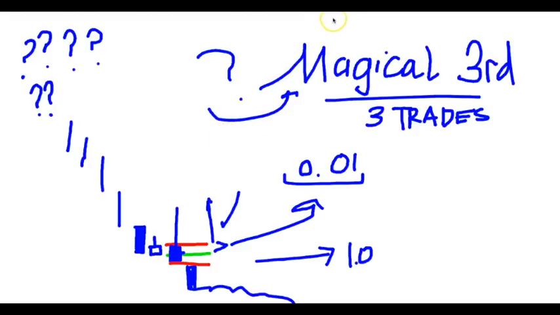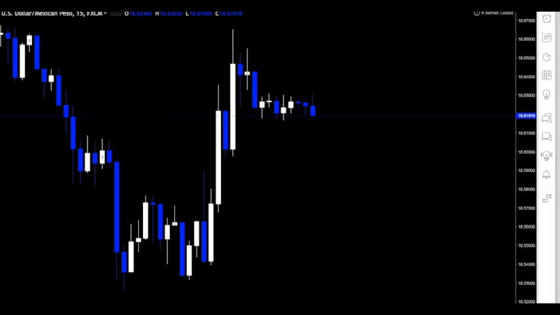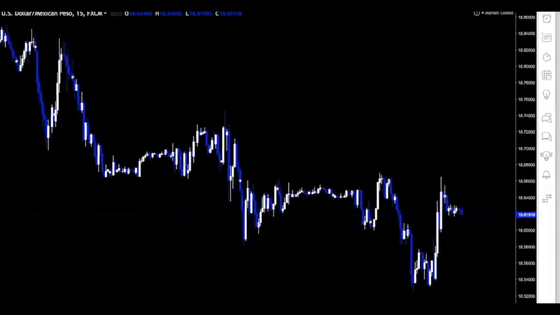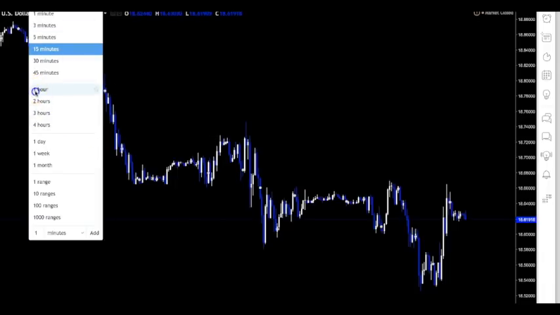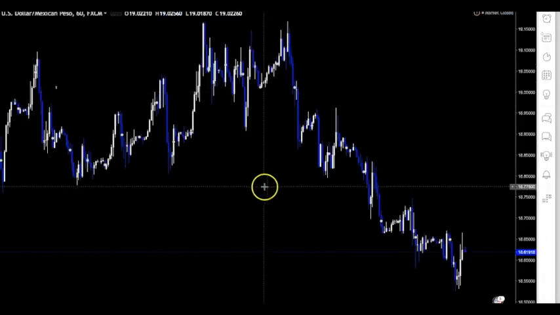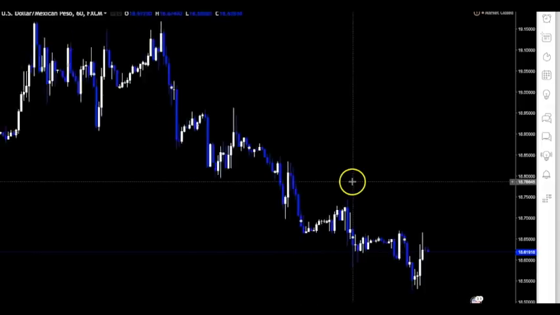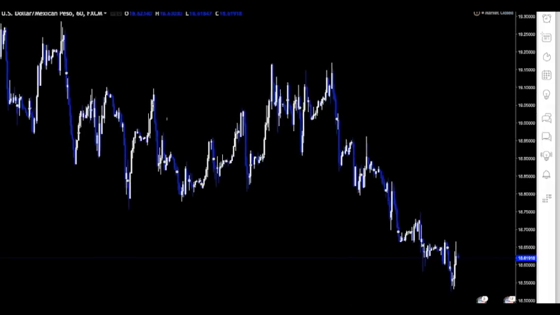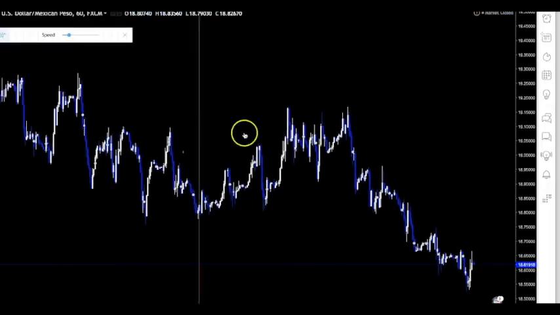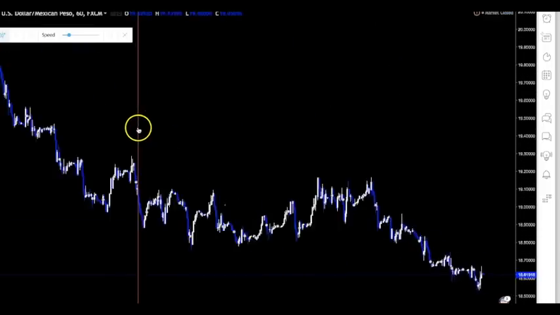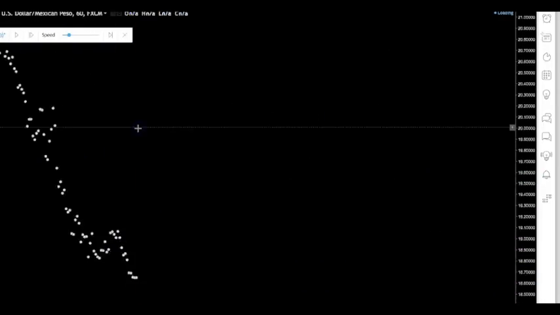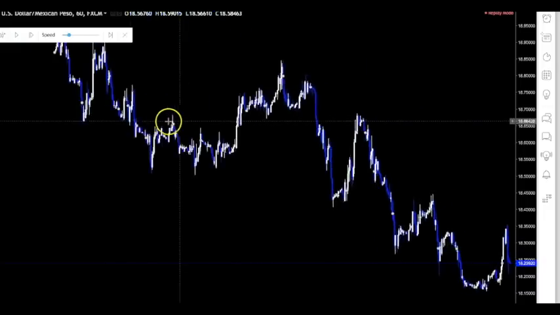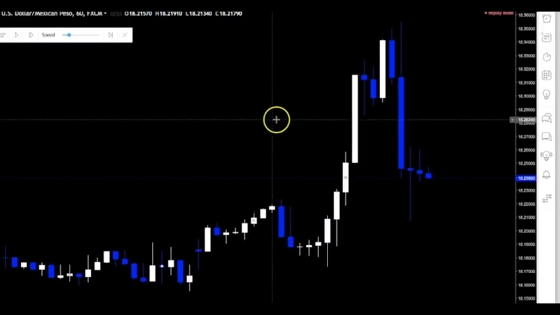So let's head over to TradingView so that way we can actually look at how this would look on the market. Now, for whatever reason, it's on the 15-minute chart. All right, so we're just gonna replay, right? I'm just gonna randomly, boom. All right, so this is where the market is.